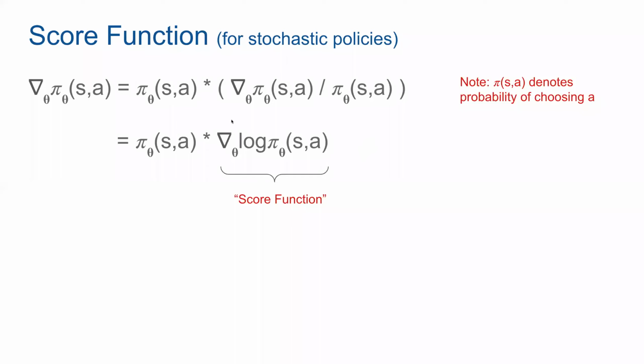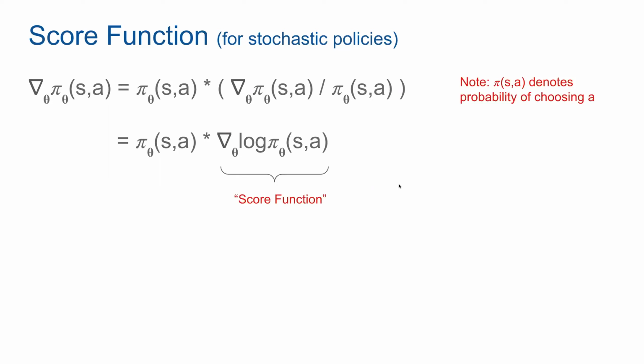So pi of S is the decision of the policy, and pi of S A for stochastic policies is the probability of choosing action A at state S. And this notation is very common when talking about stochastic policies.